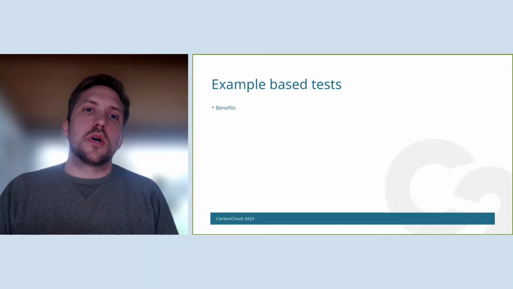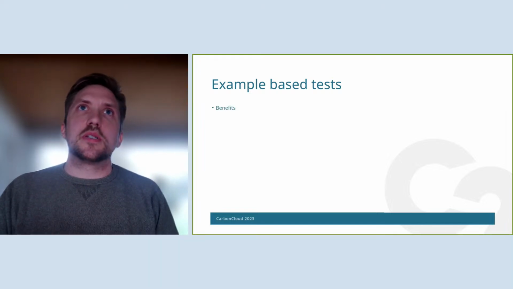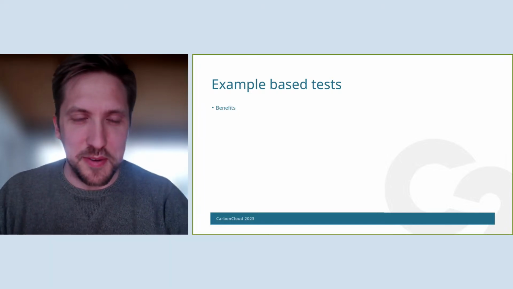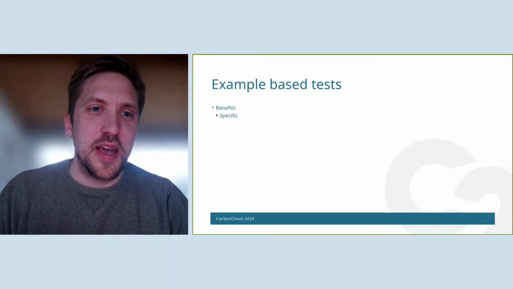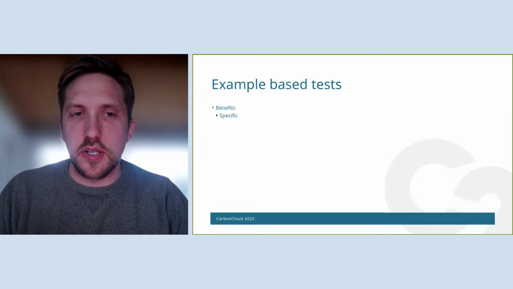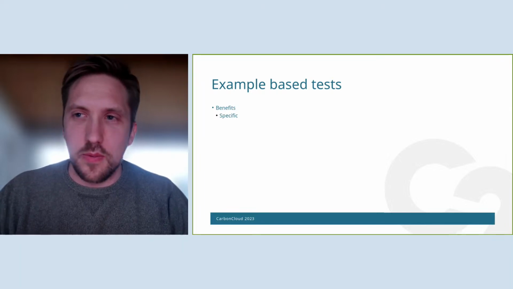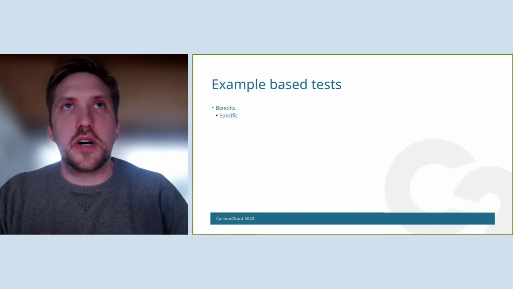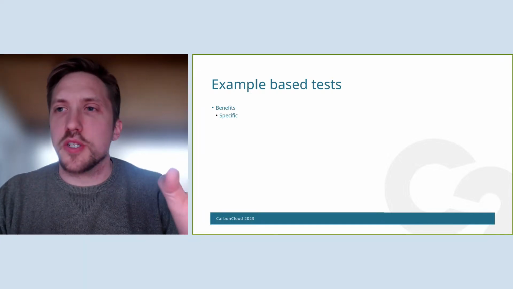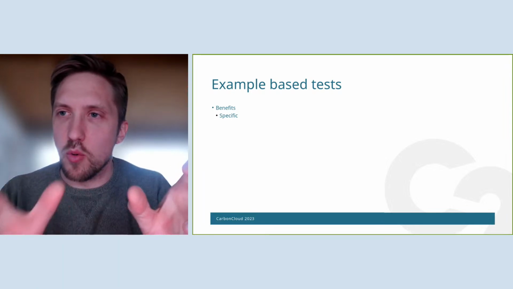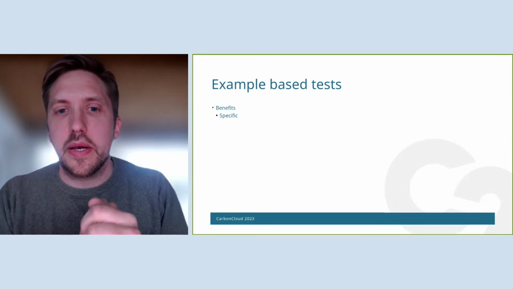So an example-based test is like add 3 and 5 should be 8, if my math is correct. A benefit is that it's really specific, right? You as a developer, or AI, if you use that to write your tests, specify a specific permutation and can say that regardless of how the implementation looks, I want this as a specific outcome.